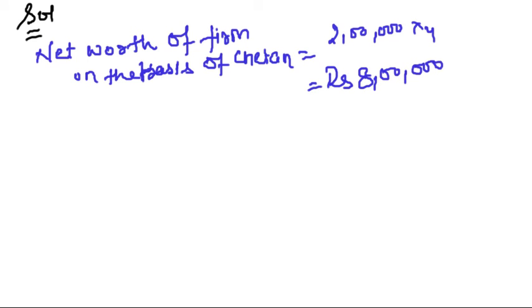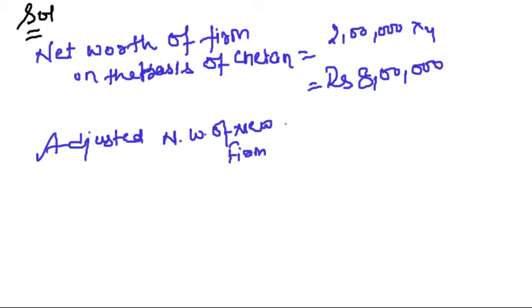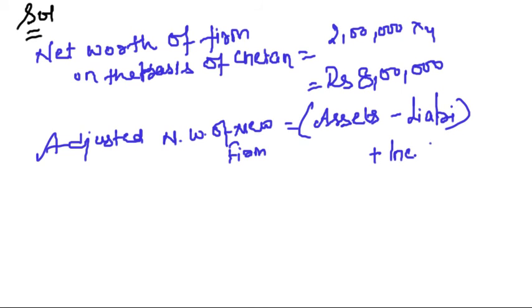What is the adjusted net worth of the new firm? We are given assets and liabilities. I will say assets minus the liabilities, but we have to add the incoming partner's capital here, because these assets and liabilities are before this admission of a partner.